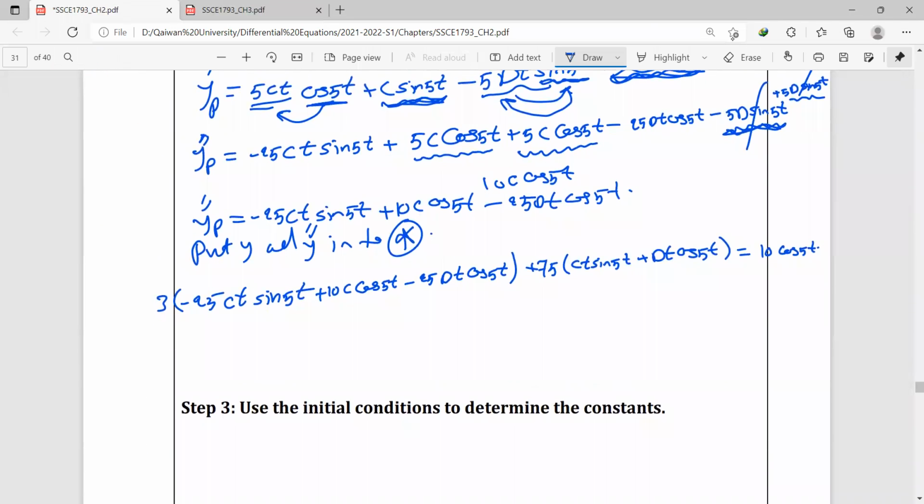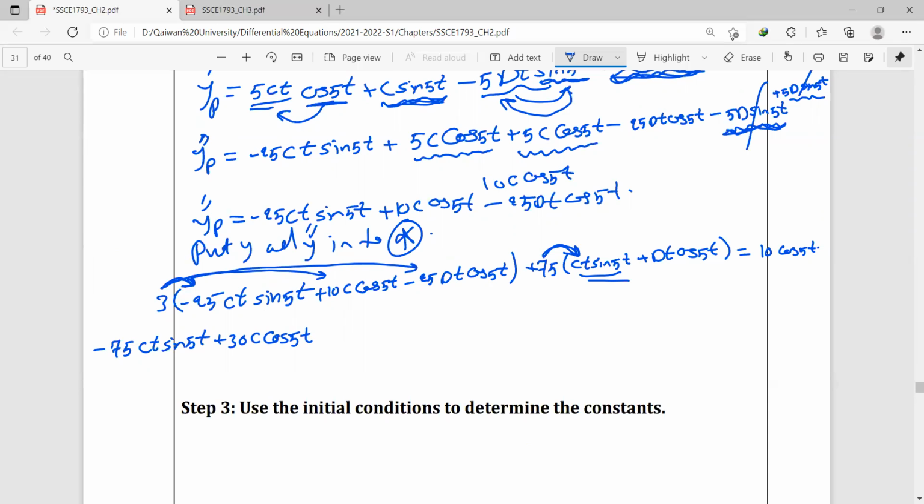Now we simplify the left hand side. We enter this 3 into the bracket, and we also enter this 75 into the bracket. Here we get minus 75 ct sine 5t. And here we get 75 ct sine 5t. If you multiply 3 by this and 75 by this, we get the same. Then we multiply it by the second term. It's 30c cosine 5t.